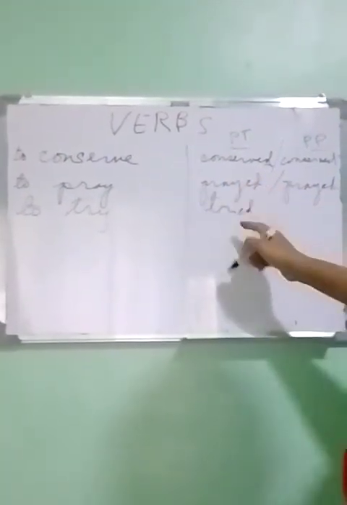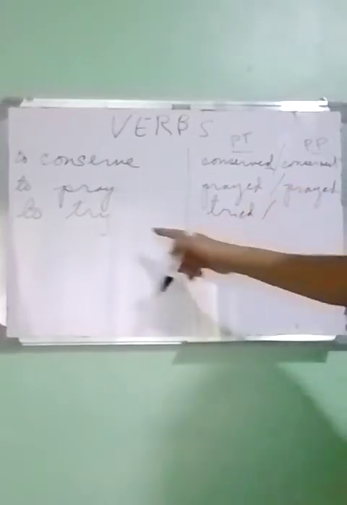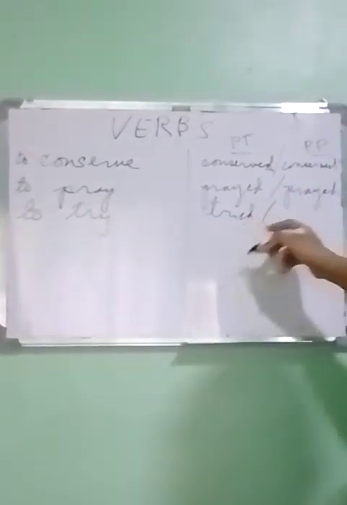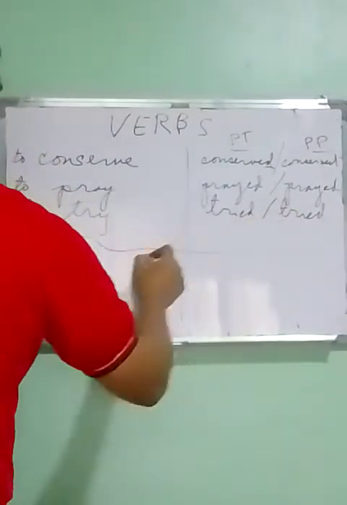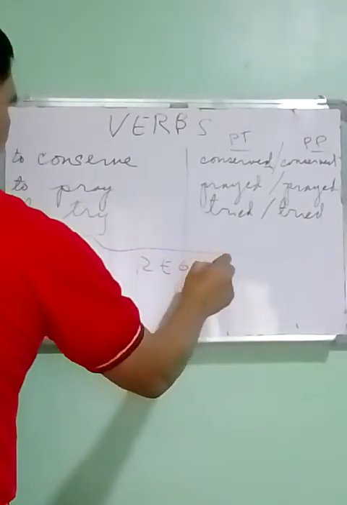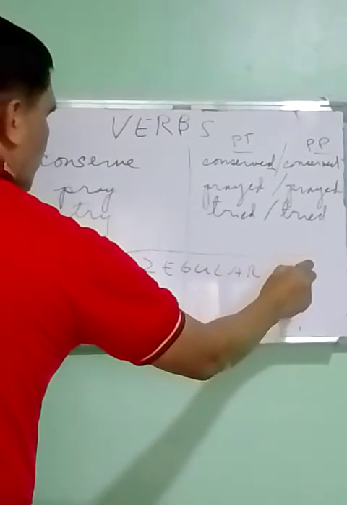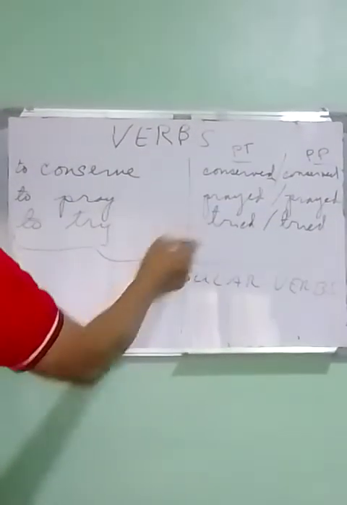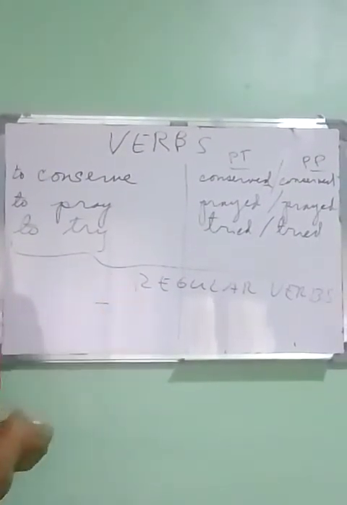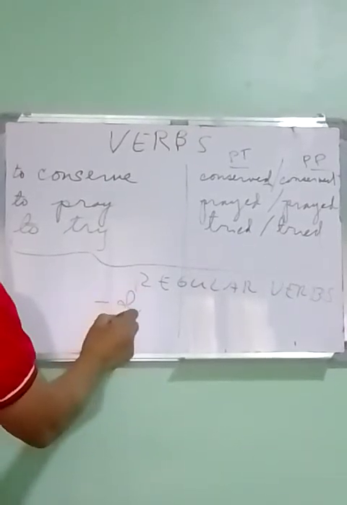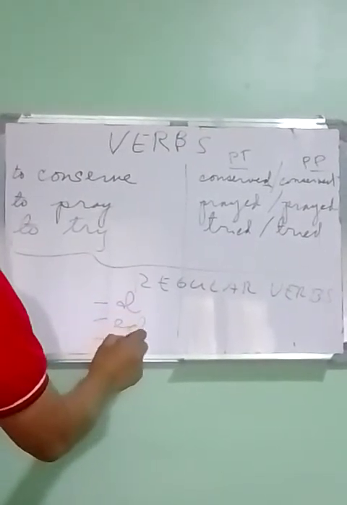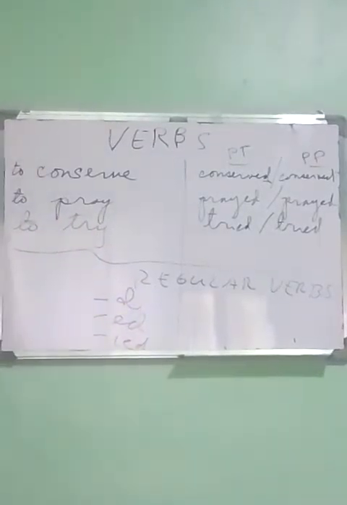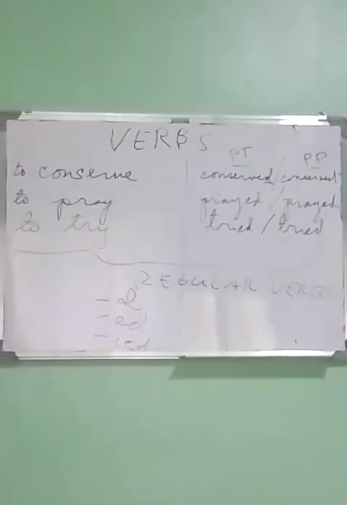So you drop the Y, then add the IED. The past participle is also tried. So in short, these are all what we call regular verbs which follow a definite pattern. And the pattern that I'm saying is adding ED or adding IED to form the past tense and the past participle.